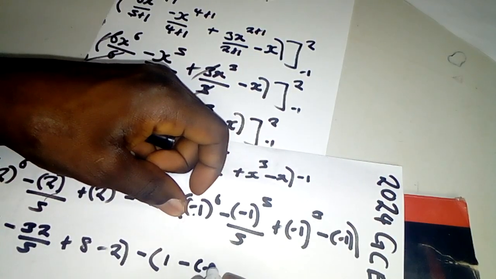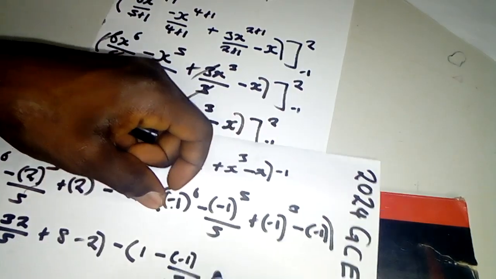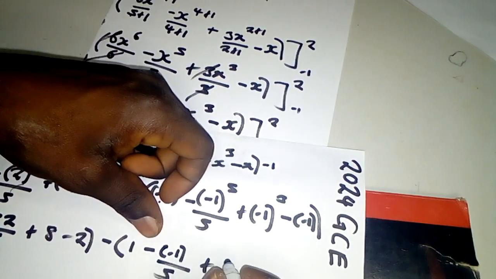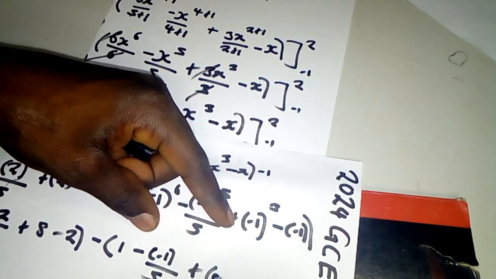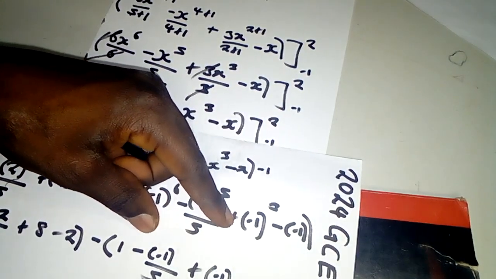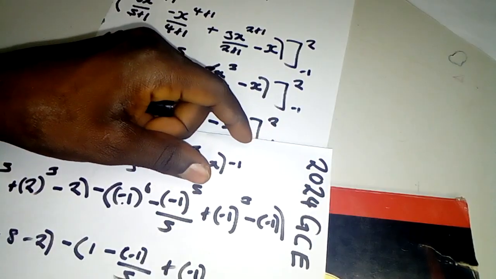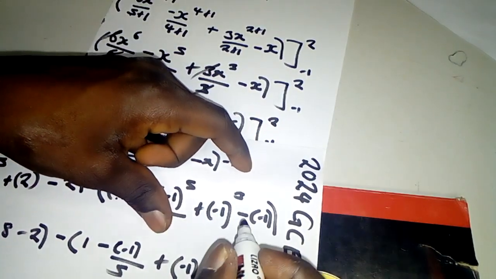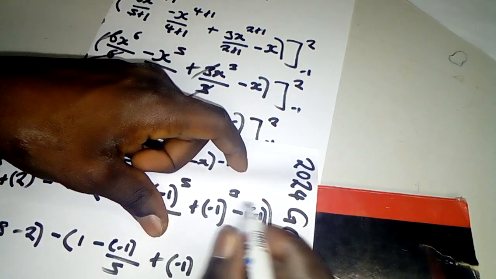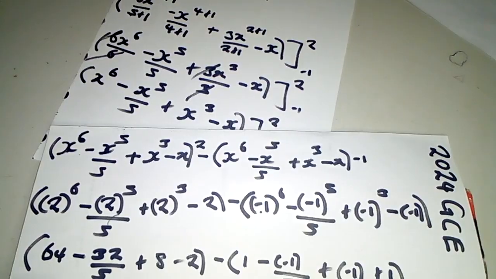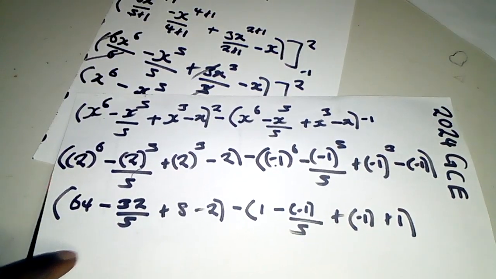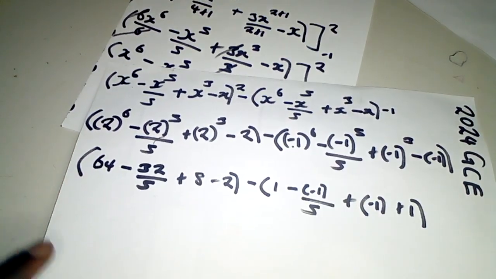So here the answer will be -1. So divide this by 5, right? Plus, open brackets. Also here we are going to get -1 because 3 is an odd number. Okay, so we get -1. Here, negative times negative, we are going to get a positive, and we put this in brackets. I hope someone is following very attentively.